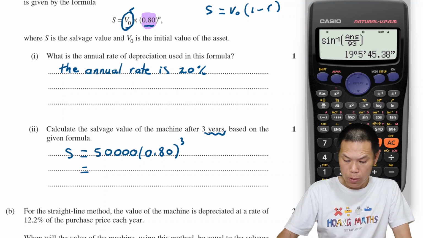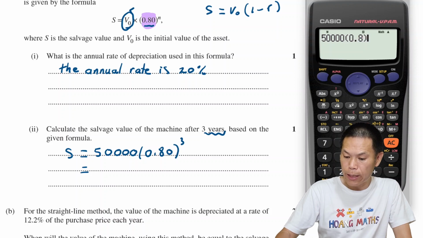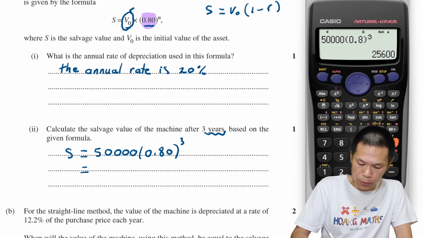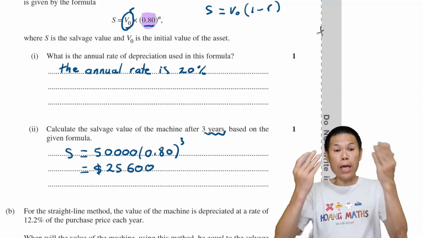So I just go 50,000 times 0.8 to the power of 3. So there you go, $25,600.